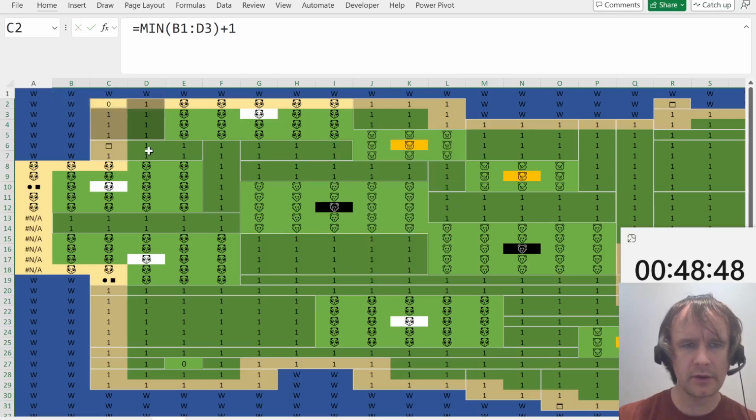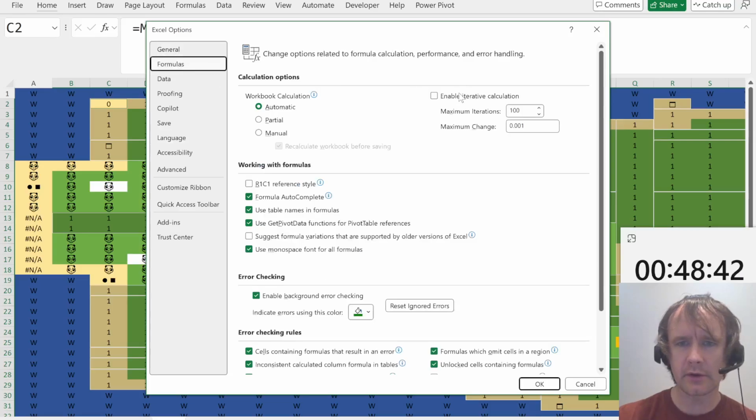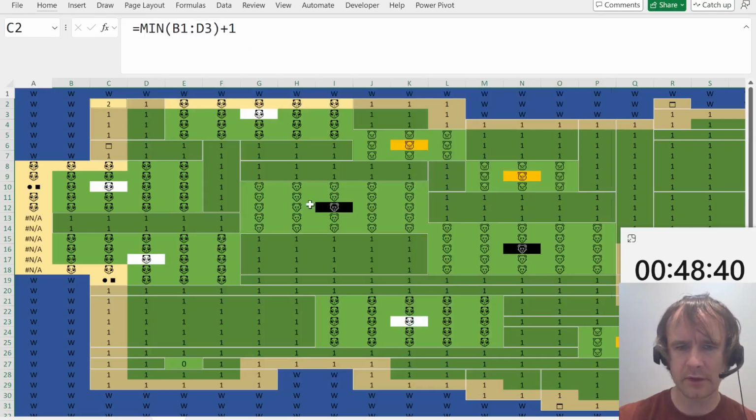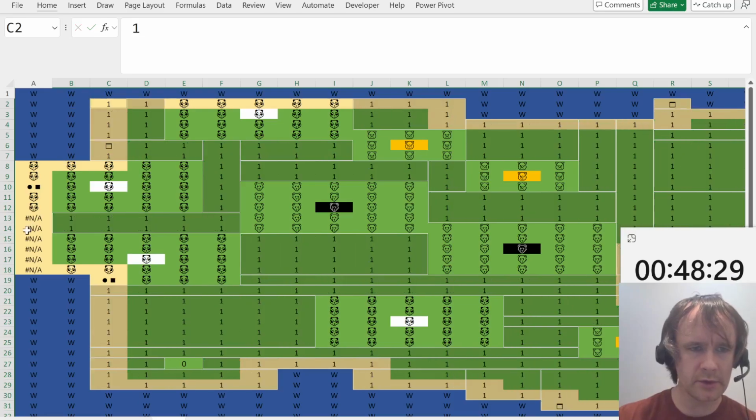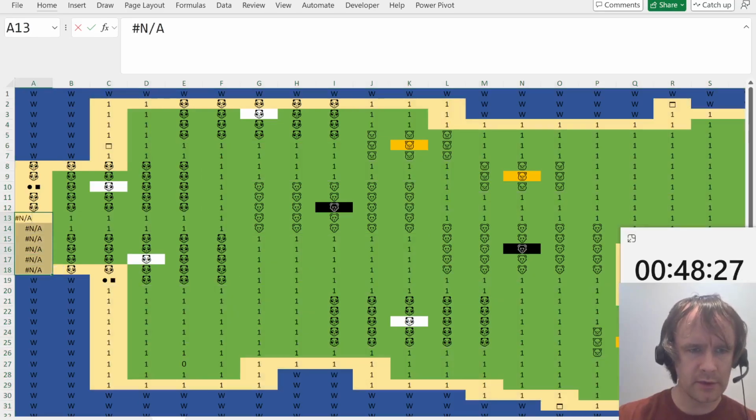Just hit enter. Now, sorry, Alt-TO. Going to turn on circular references, iterative calculations, and then I should be able to Control Enter. No, shoot, I've still got the errors over here. Okay, stupid. Fine. Make all of these 1.